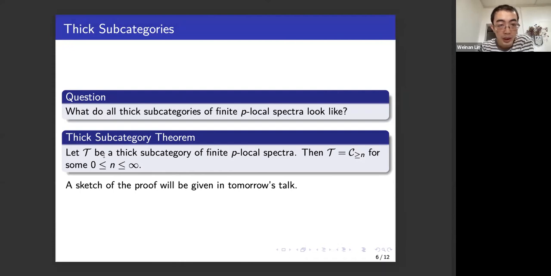Let T be a thick subcategory of finite p-local spectra. Then T must be one of these. Okay, that's exactly what I just said. Today I'm not going to give the proof, but I will give it tomorrow.